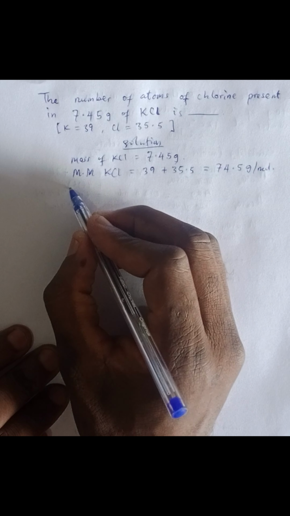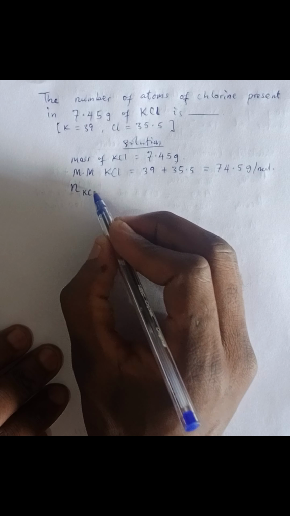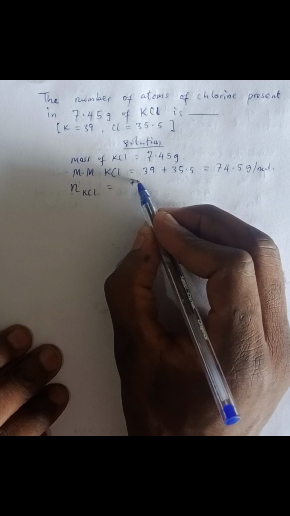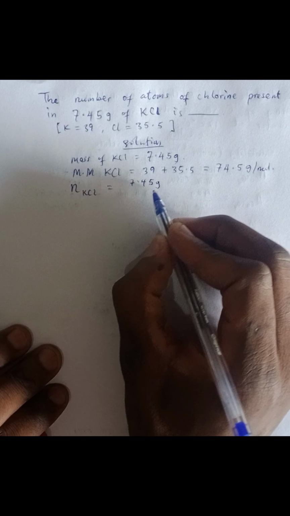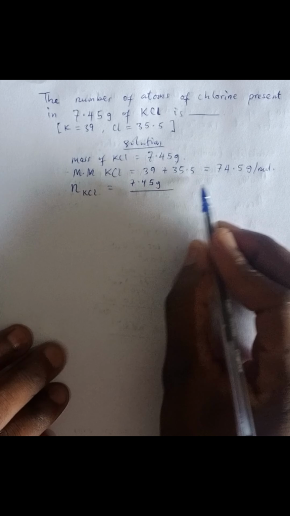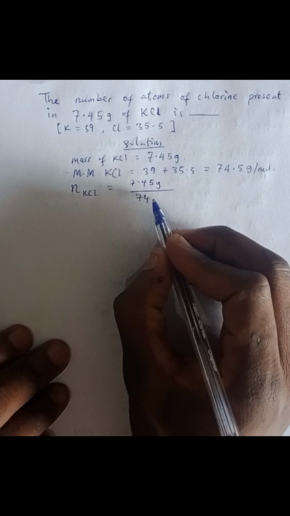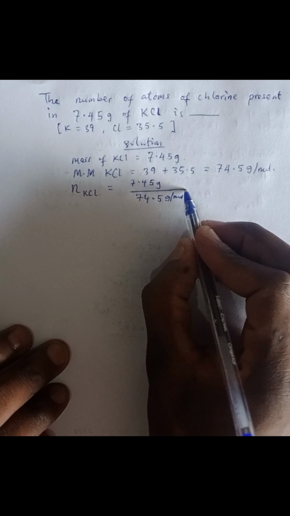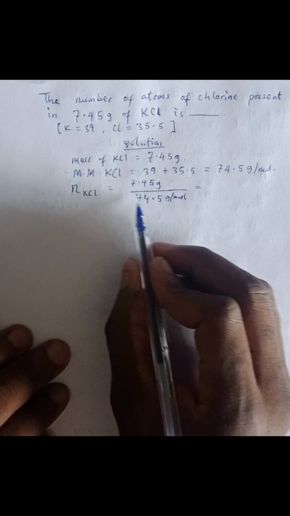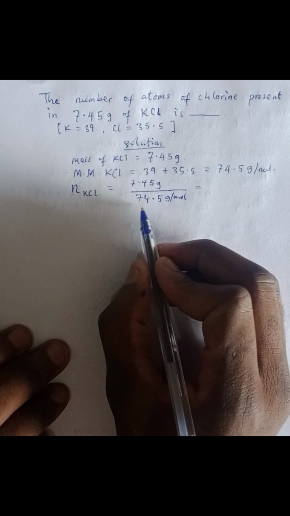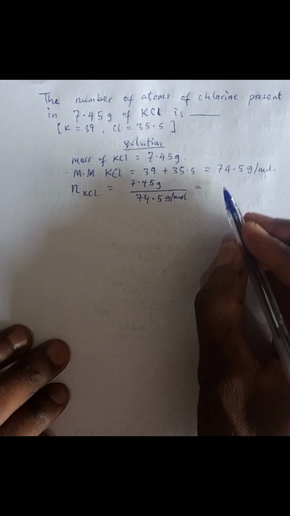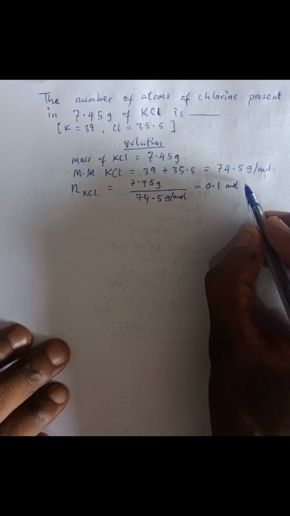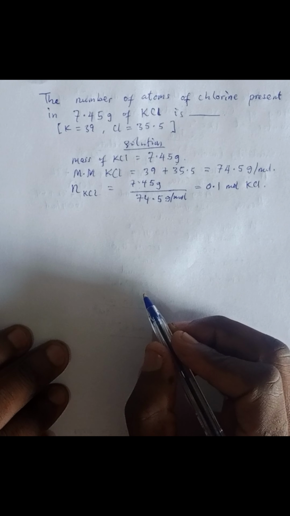So the number of mole of KCl is the mass of KCl, 7.45 grams, all over the molar mass of KCl, 74.5 grams per mole. And 7.45 divided by 74.5 will be 0.1 mole of KCl.